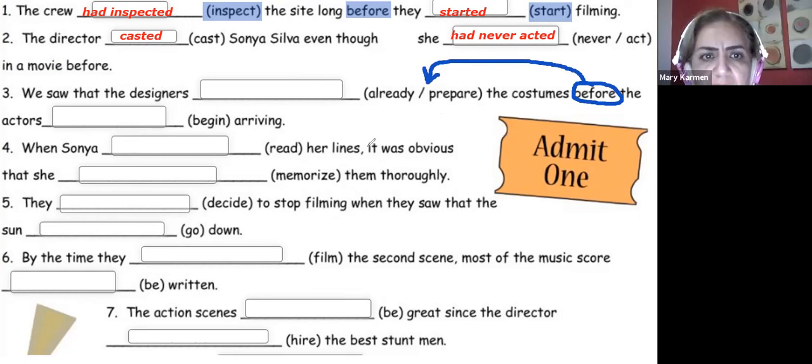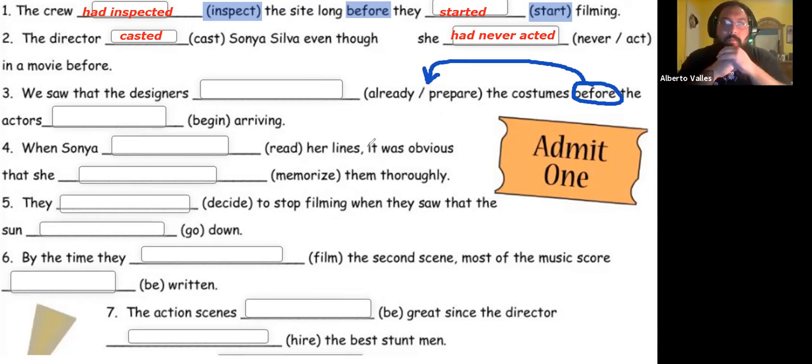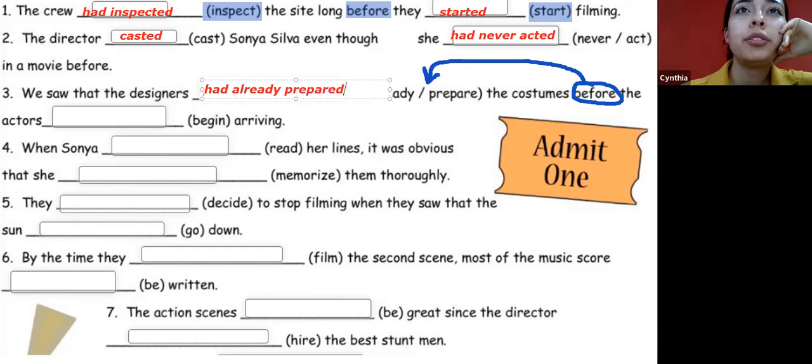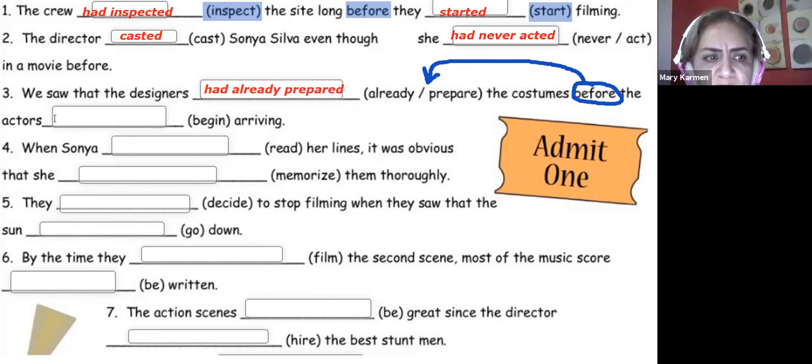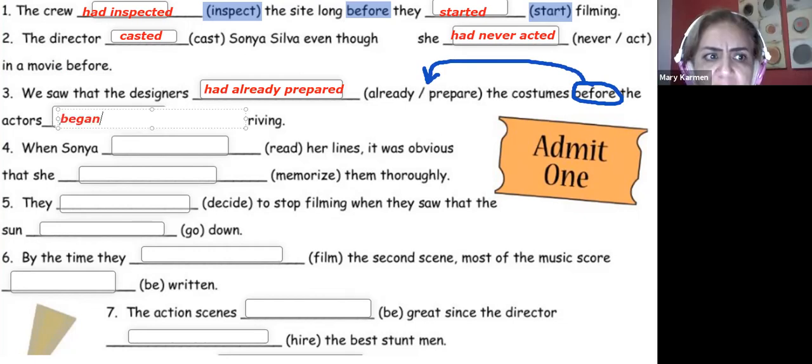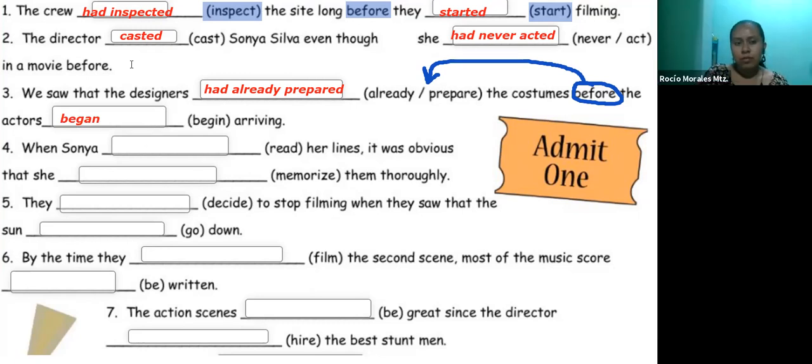The costumes had already been prepared before the actors began arriving. Easy, guys.